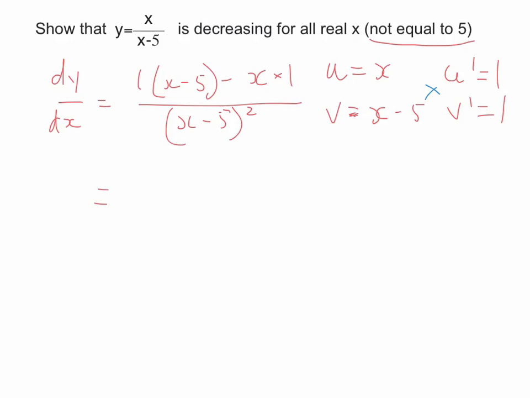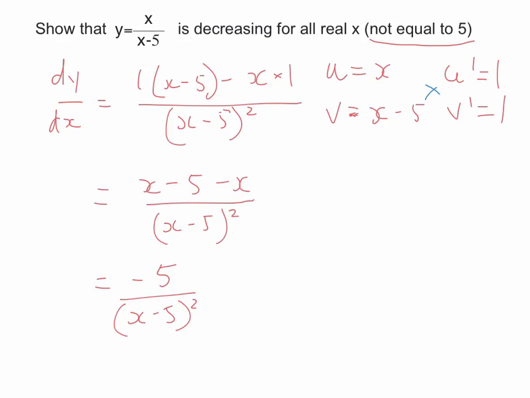What do we end up with? We've got x minus 5 minus x over (x minus 5) all squared, which is equal to minus 5 over (x minus 5) all squared. Okay, well, what are we asked to do? We're asked to show that it's decreasing. Okay, well, how are we going to do that?